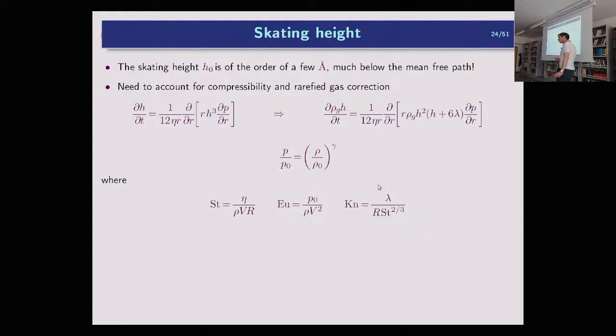This is basically a numerical result, the fact that it can reach a few angstroms. There is no experimental evidence about that. And do you believe it could be like that in reality? Well, no. I believe that van der Waals forces are going to be important before this. Yes, sure.